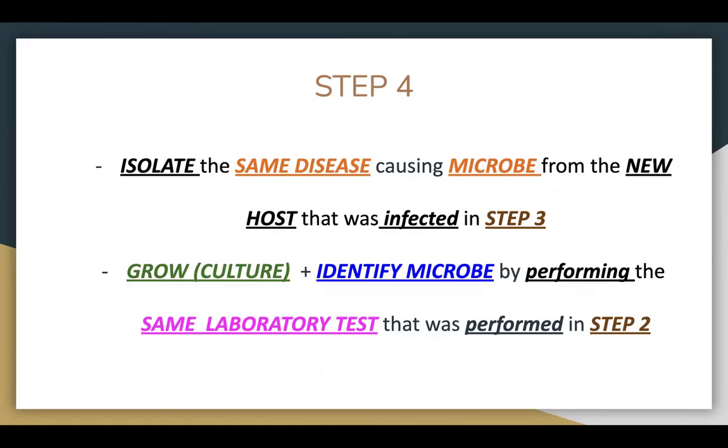So we're going to want to run the same tests. If we did a blood test in step two, we're definitely going to want to run a blood test again. And if we used a genetic test as well, we're going to want to do that again for step four. So make sure you use the same laboratory tests that you used in step two to be able to identify the same microbe that is causing the disease or illness from our original patient and our new healthy patient that we infected in step three.